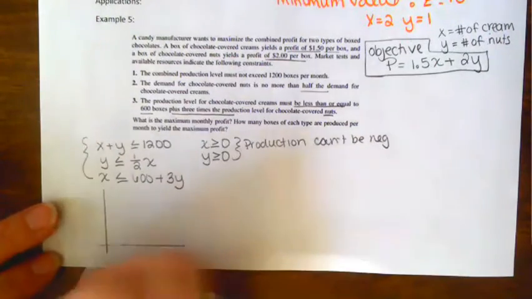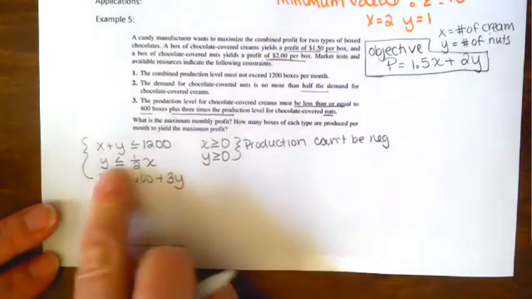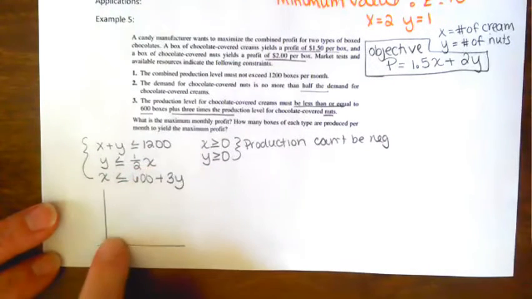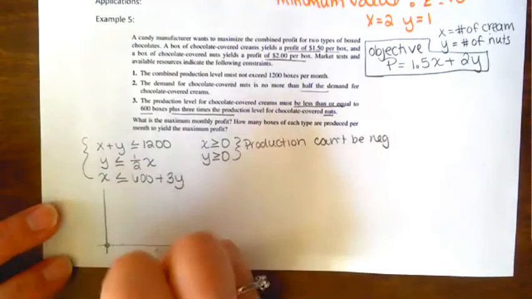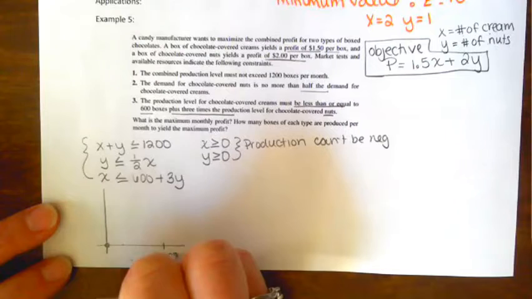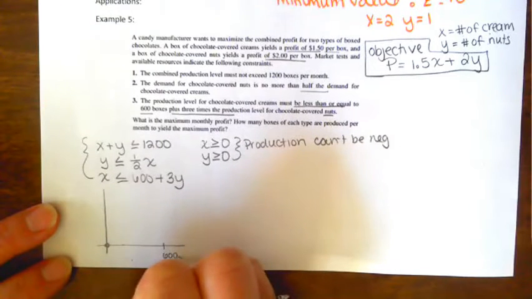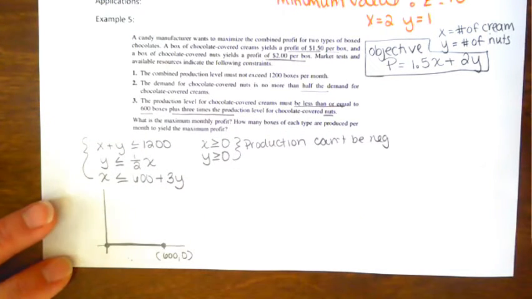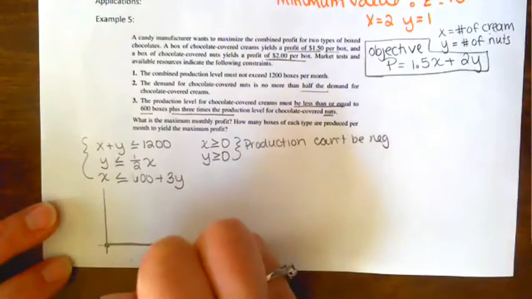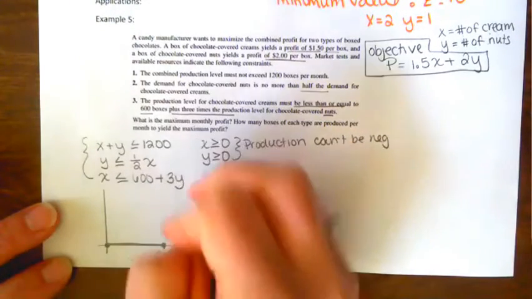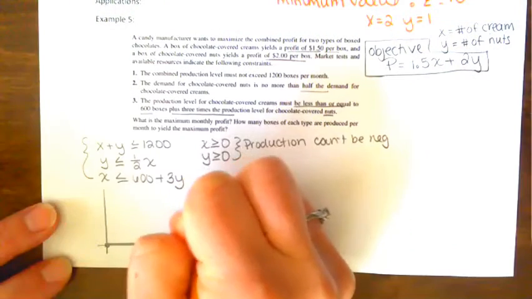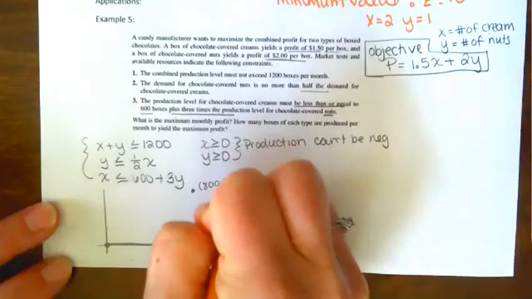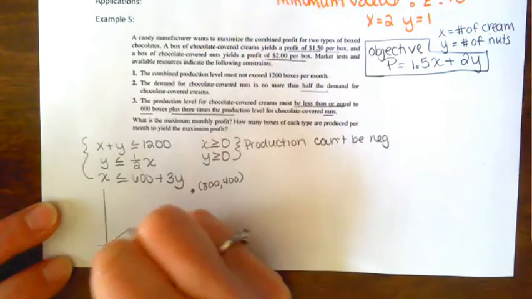So we're going to have 0, 0 here because if you look at Y is less than or equal to 1/2 X, we're going to have 0, 0 here. It's going to be 600 comma 0. We'll have that point right there. So this is Y greater than or equal to 0 here. We have 800, 400. So we have this line here.